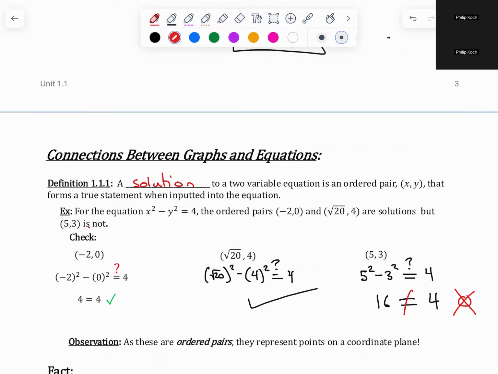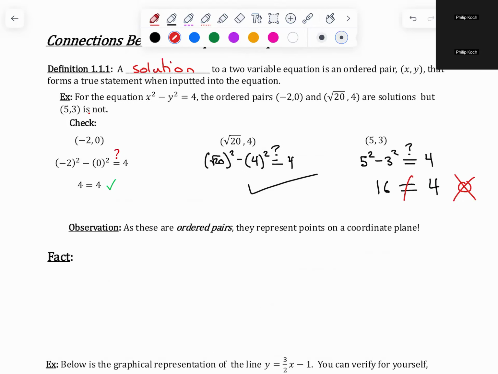So the observation that Rene Descartes had was saying, well, if these are ordered pairs, if this is two variables, then I can think of each one as a slot on a number line and then connect them with a graph by creating this coordinate point. So each ordered pair that's a solution is a point on a coordinate grid.